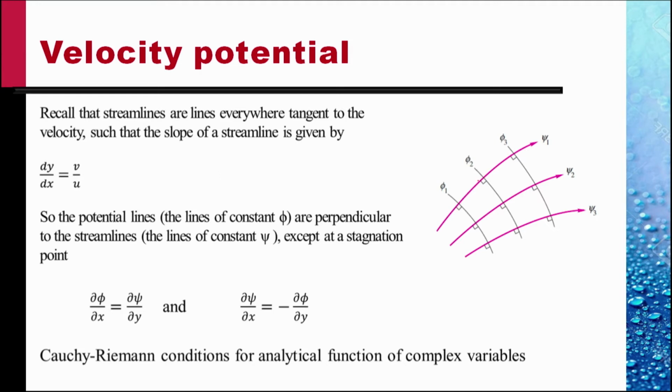Therefore, psi and phi, when they combine to form a complex variable phi plus i psi, this complex variable is an analytic function of z, which is x plus i y.